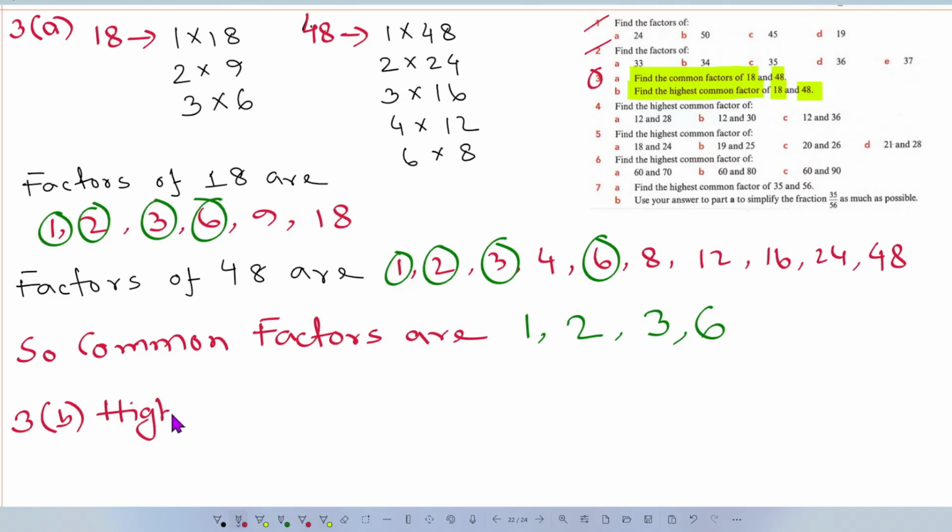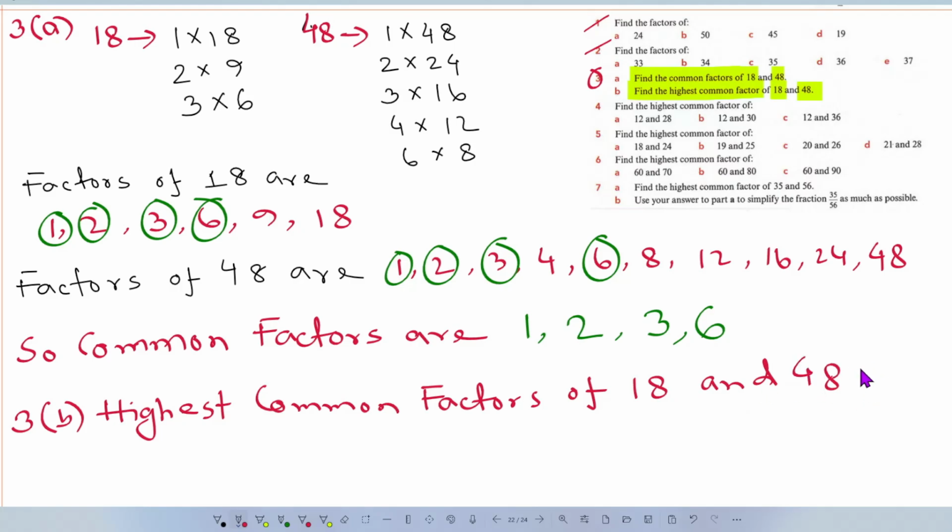Highest common factor of 18 and 48 is what? Here the highest one is 6, so 6. Okay, this is a very simple question and answer but very important around the world.